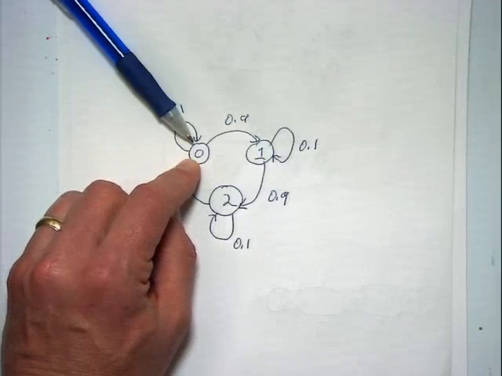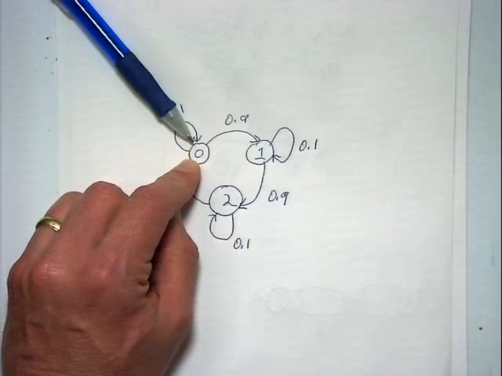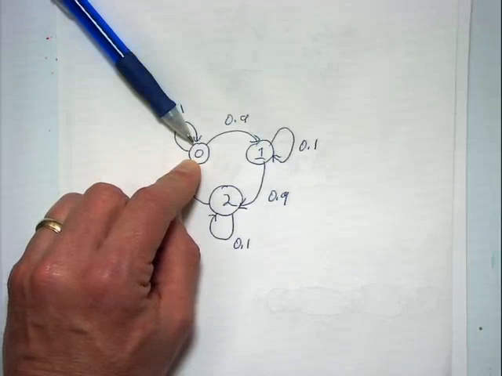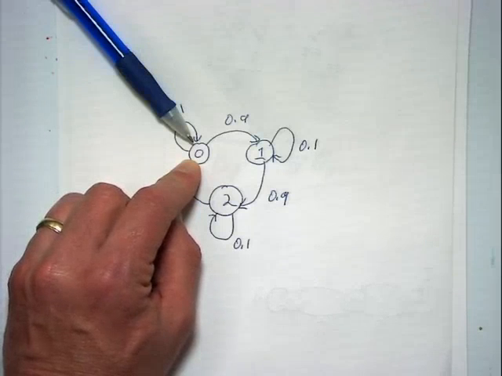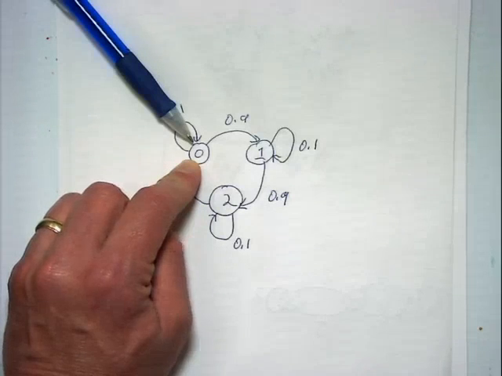The definition of periodic: if it was going to have period 3, it means if you start in state 0 and you wait anything but 3 periods, the probability of being in state 0 has to be 0. In 2 periods, the probability of being in state 0 has to be 0.